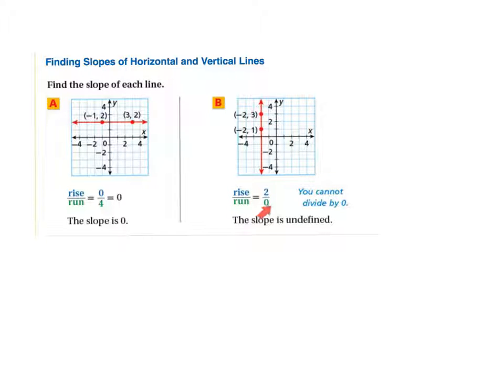It's not going anywhere on the x. So 2 over 0, if you divide this in your calculator, 2 divided by 0, you'll get an error because you cannot divide by 0. So therefore, any vertical line is going to have a slope that's undefined. And think about this. If you put a car on a hill like this, we don't know what the result would be. So therefore, the slope is undefined.